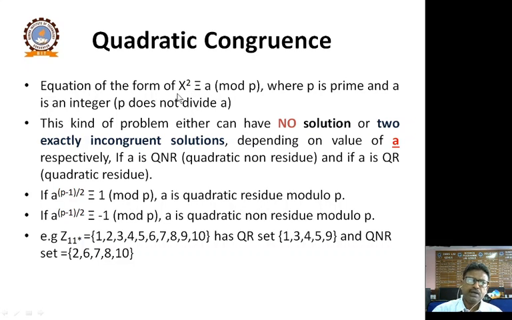Now x square congruent to a mod p, and then you have to find the value of x. So how to get it? This kind of equation is called quadratic congruence. This kind of problem has either no solution or exactly two incongruent solutions, depending on the value of a.